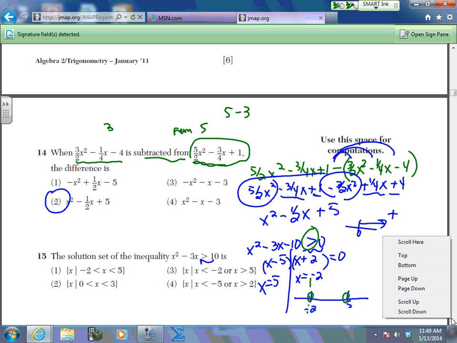Now, you can do it the old-fashioned way. Just go in and test. Put this in your y1 and test. Take a value to the left of negative 2, so say x is negative 3. Find out if your y is positive or negative. In this case, it would be positive. Take a value between here. Take x is 0. This has a negative y. Take a value here.